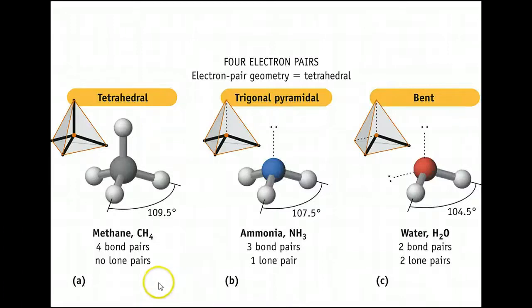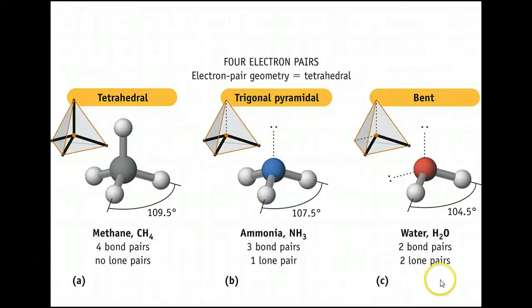So we see with methane, everything's able to be distributed equally around the molecule, and so we'll see that angle be pretty consistent. With a trigonal pyramidal geometry like ammonia, where we have the single lone electron pair, the 3 atoms that are making the base of that pyramid are going to be pushed slightly closer together to allow extra space for that lone electron pair.